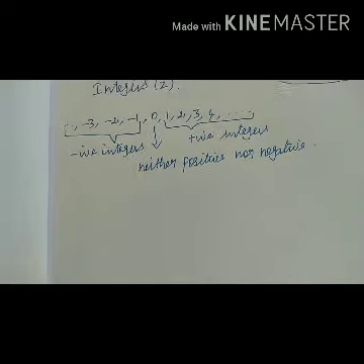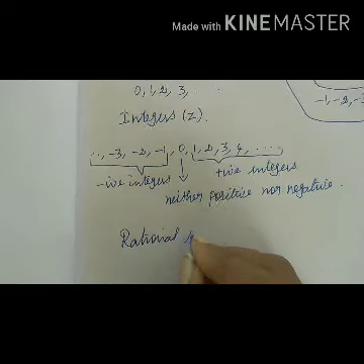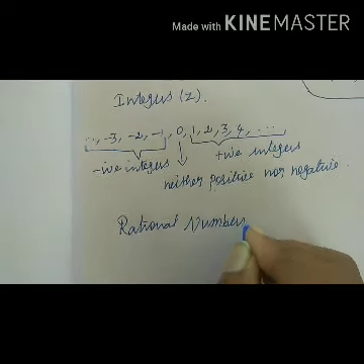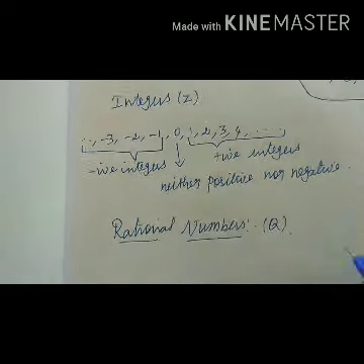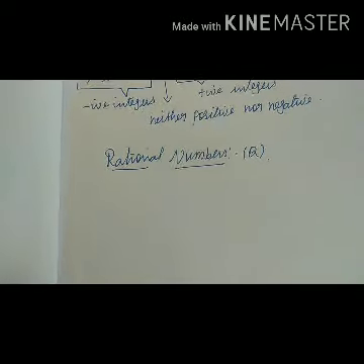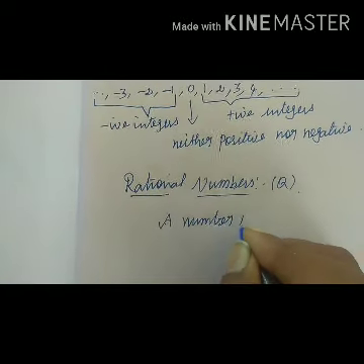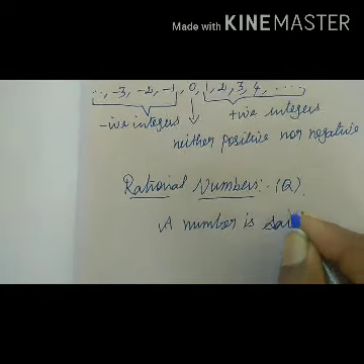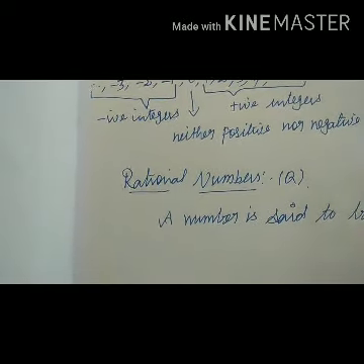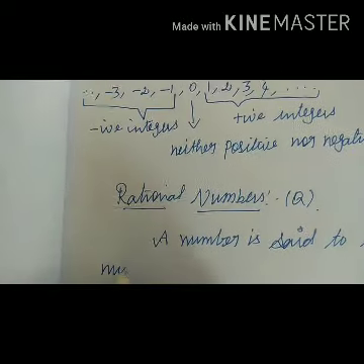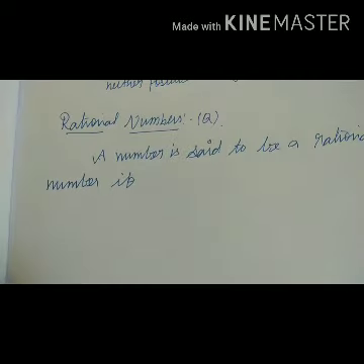What are rational numbers? It is denoted by Q. Okay, a number is said to be a rational number if it satisfies three conditions.